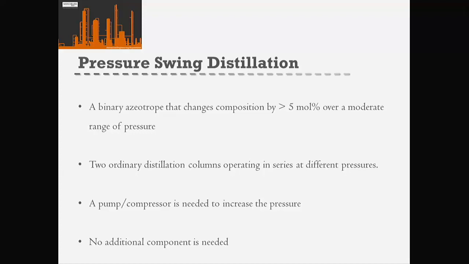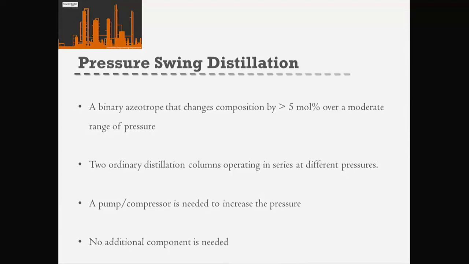If it doesn't move enough to allow us to do our separation in one distillation column, we can use the moving of the azeotrope in terms of composition to our advantage, and use that to try and skip over our azeotrope. So we would look at two ordinary distillation columns, but at different pressures, and that would allow us to essentially move around that azeotrope.